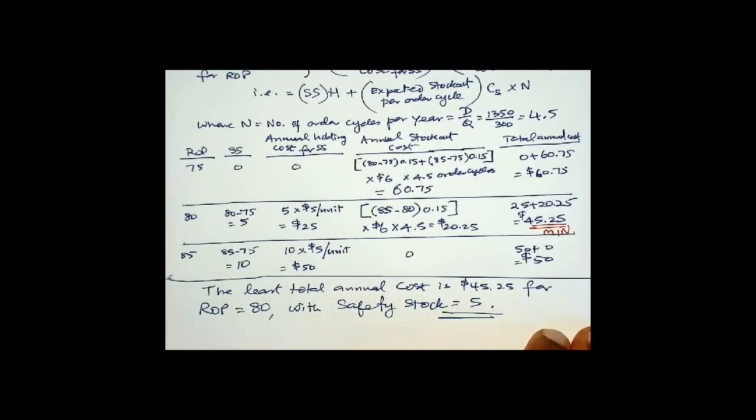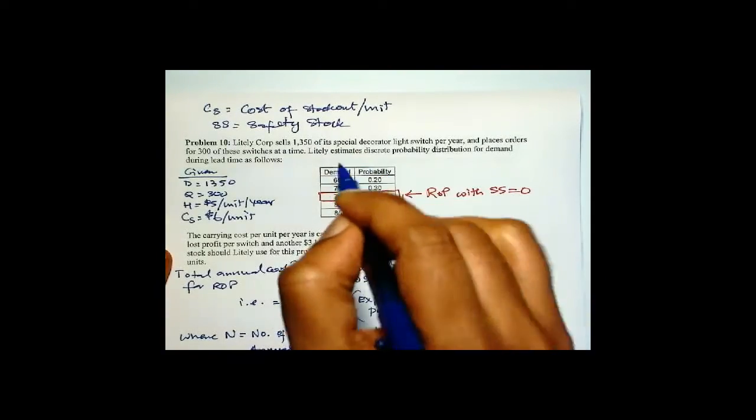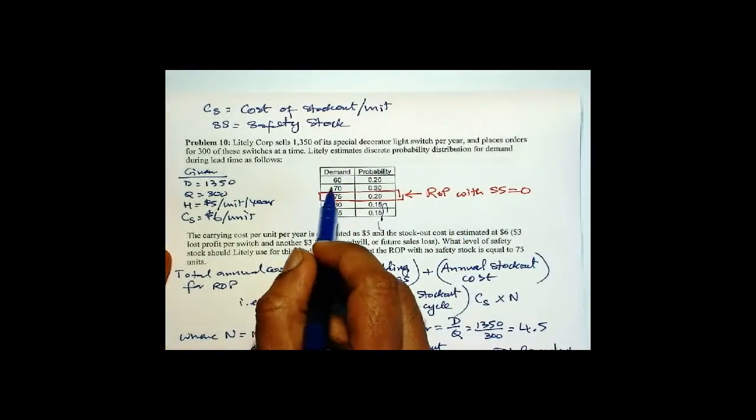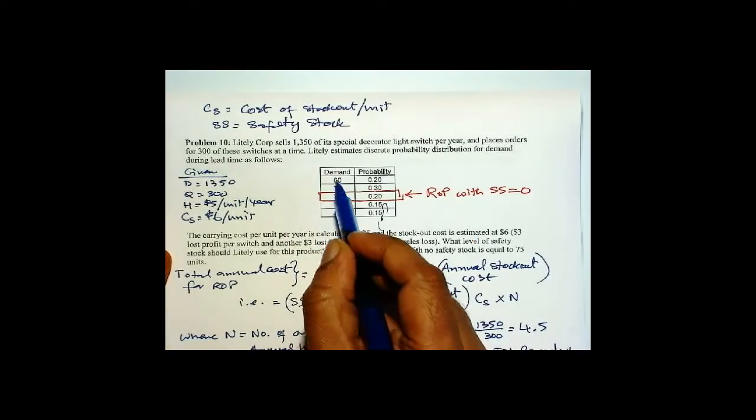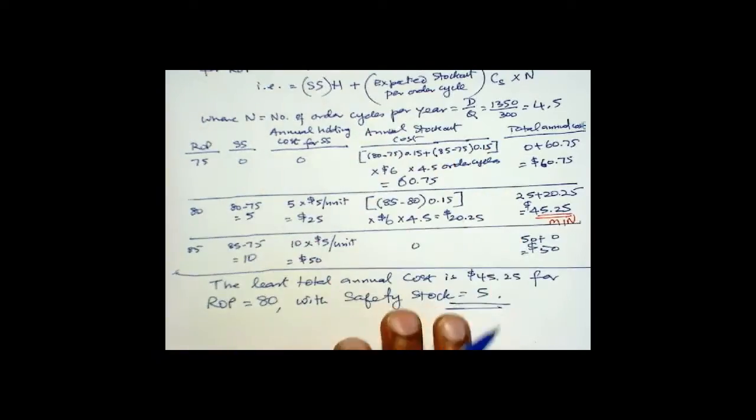So this is how you'll compute your ROP if the demand during lead time follows a discrete distribution, like specific values. Demand during lead time can never be anything other than these given values. Then you follow this procedure.